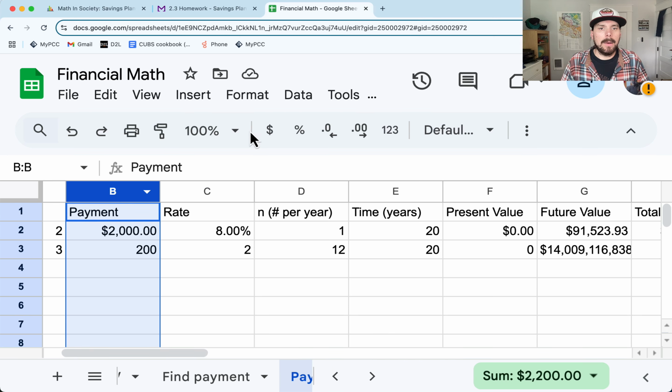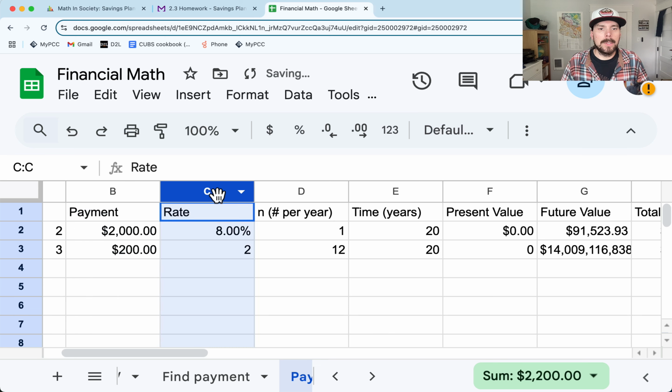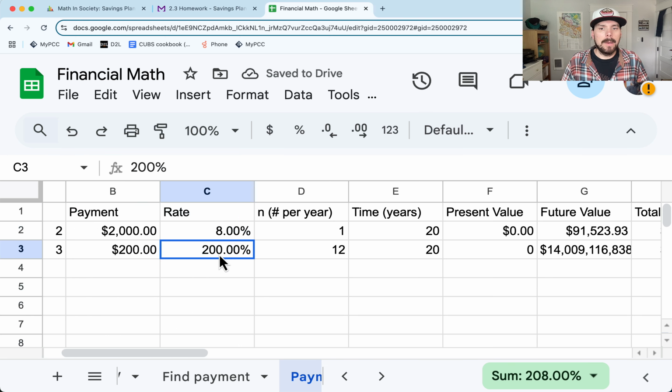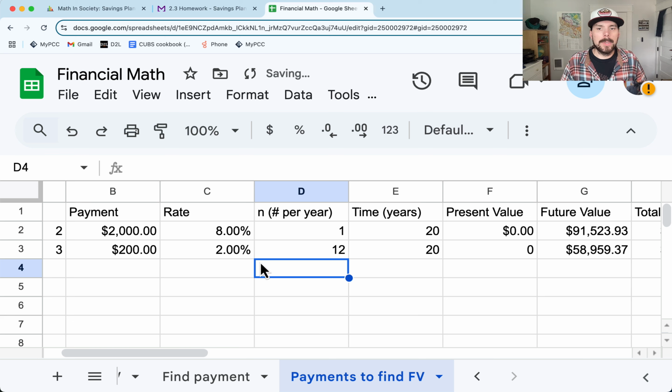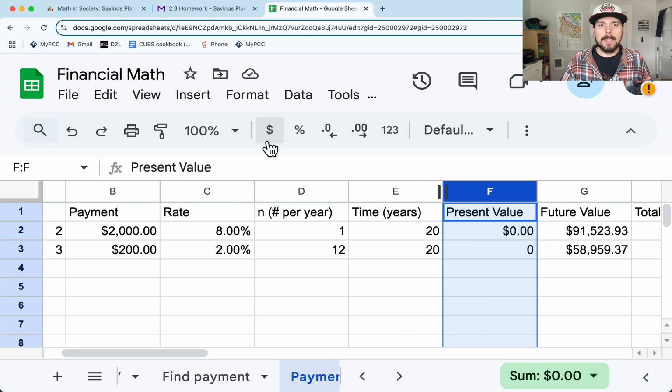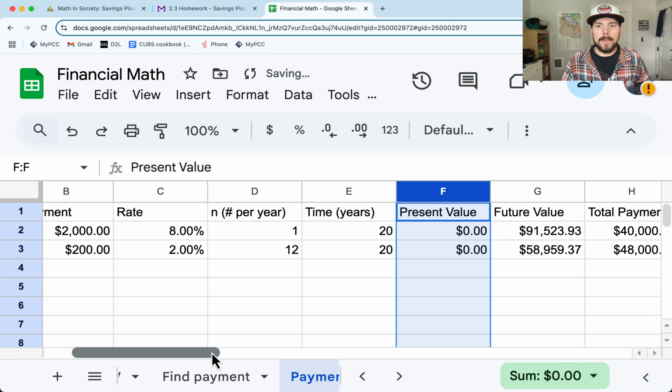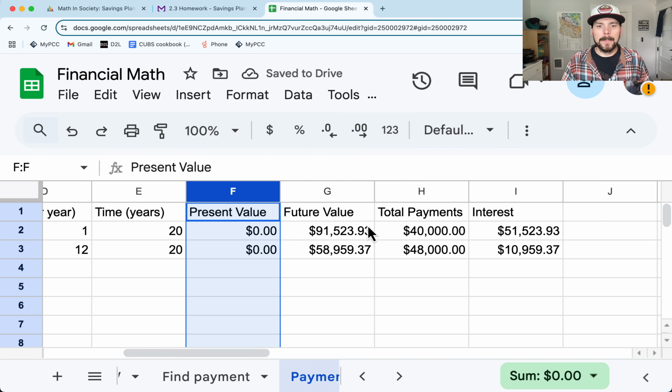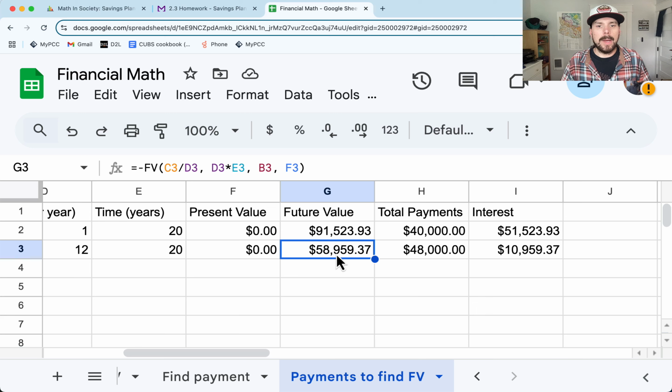So we need to format these correctly. I'm going to highlight column B, get my dollars there, highlight column C, get my percent there. Now that should just be 2%, not 200 or whatever we had there. Everything else looks fine. We got some others there that could be in dollars. Now we've got a future value of a little under $60,000.